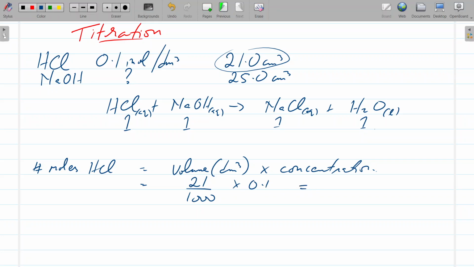And so the number of moles of hydrochloric acid that you used were 21 into 10 to the power minus 3.